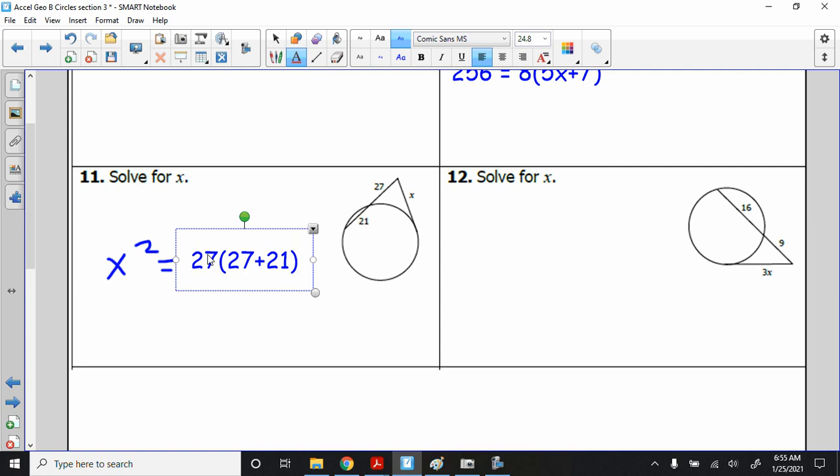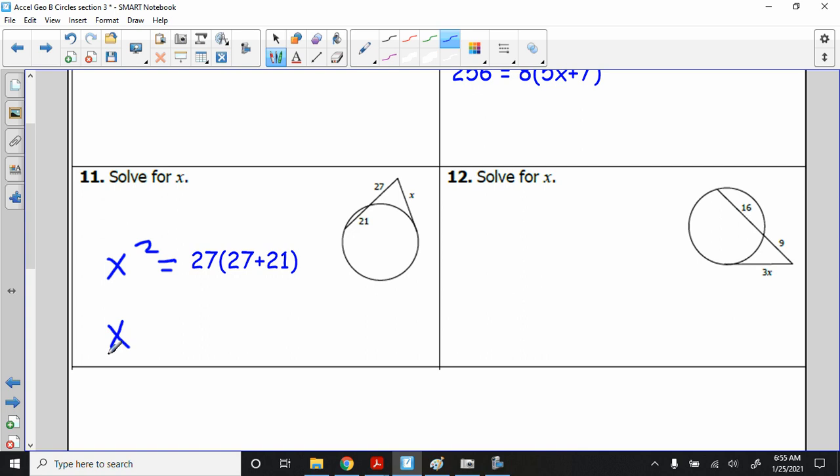Times 27, I get x squared equals 1296. And then I'm going to take the square root of 1296 to solve it. And your answer here is 36. So I went ahead and solved that one for you.